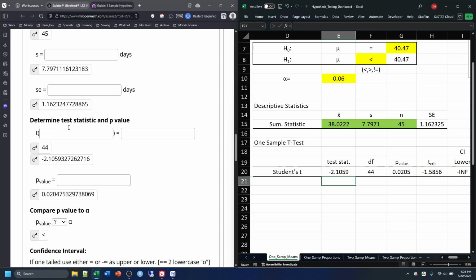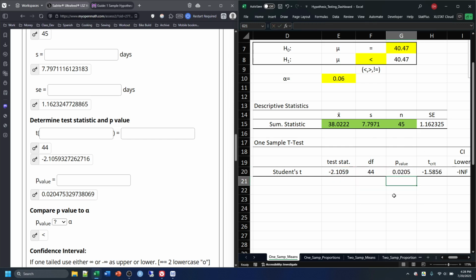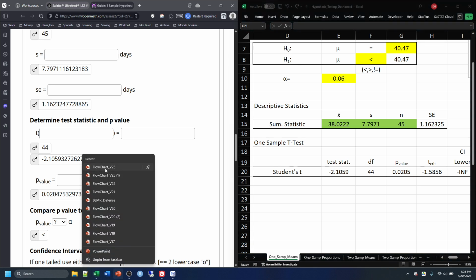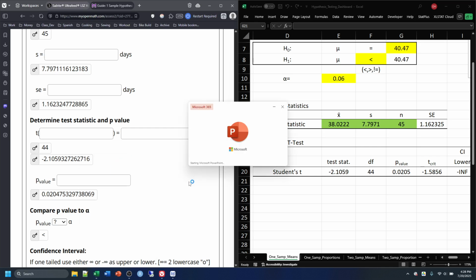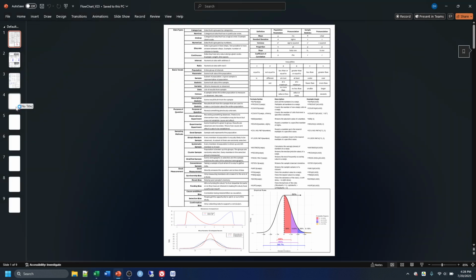When it says t in that parentheses, it's looking for the degrees of freedom, and that's this 44. The p-value, if we double click on it, is a T.DIST. It's kind of muddy in here. If you want to see the equations easily, let me open up the flowchart really quick. I should have had this open. I think it's page 4.